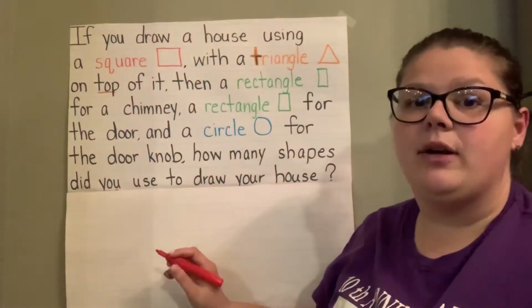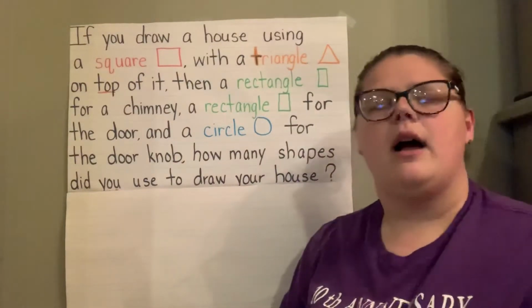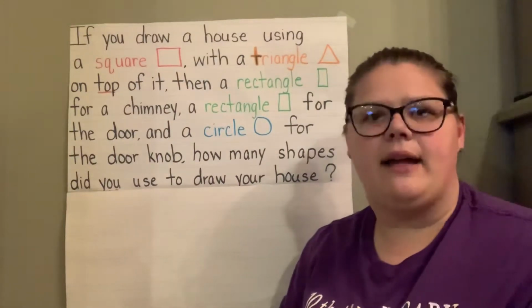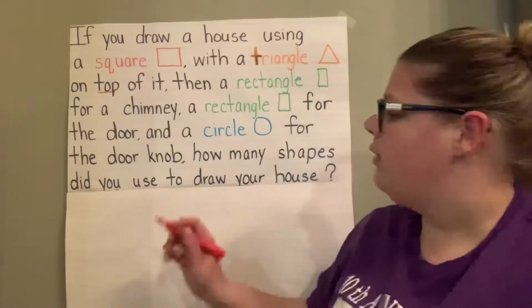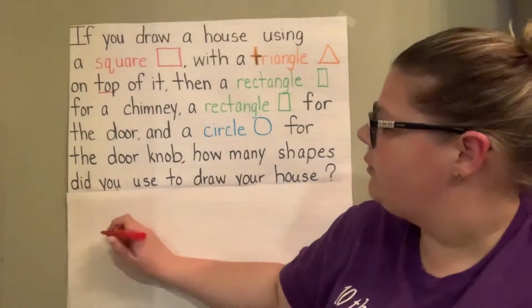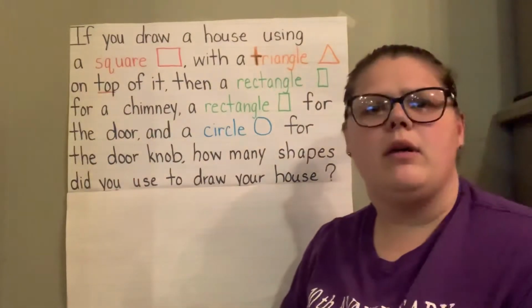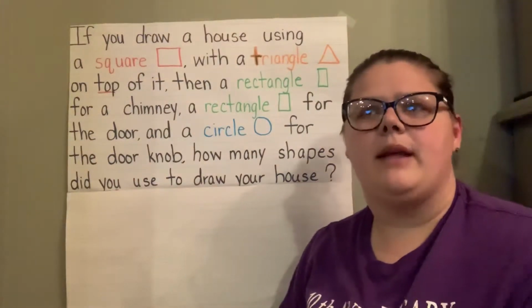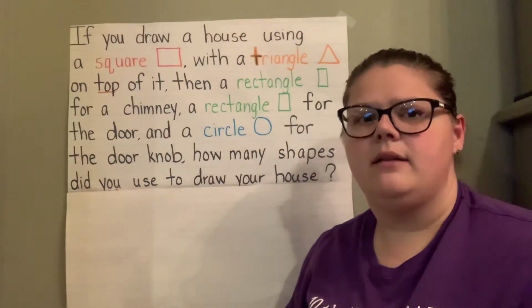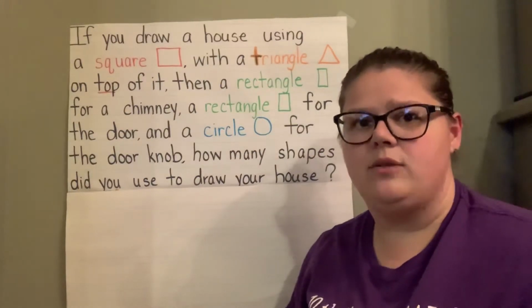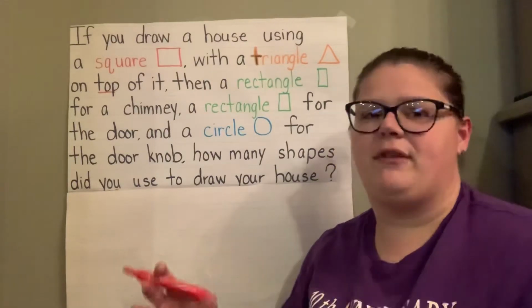So the first thing I'm going to draw is a square. A square has how many sides? Good, has 4 sides. So I'm going to draw a square with 4 sides. Now, if I'm drawing a square and that has 4 sides, should I make them all the same sides, or should I make them different sizes?